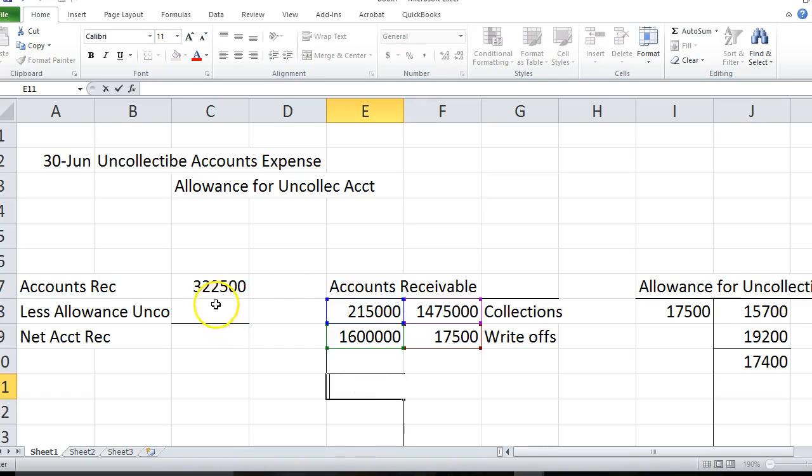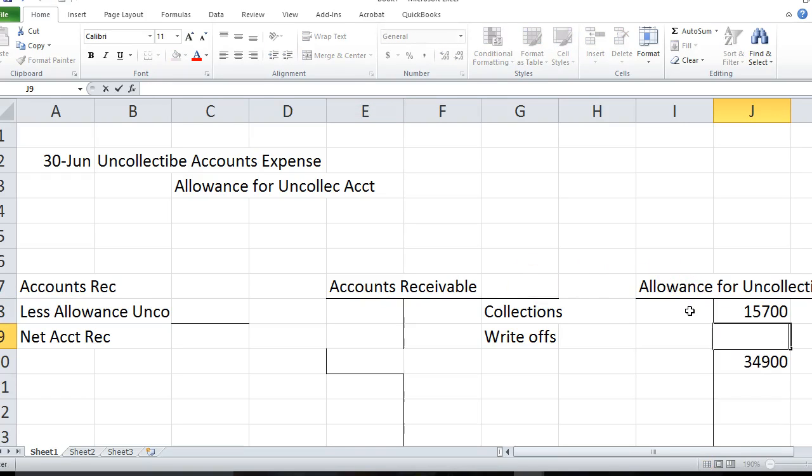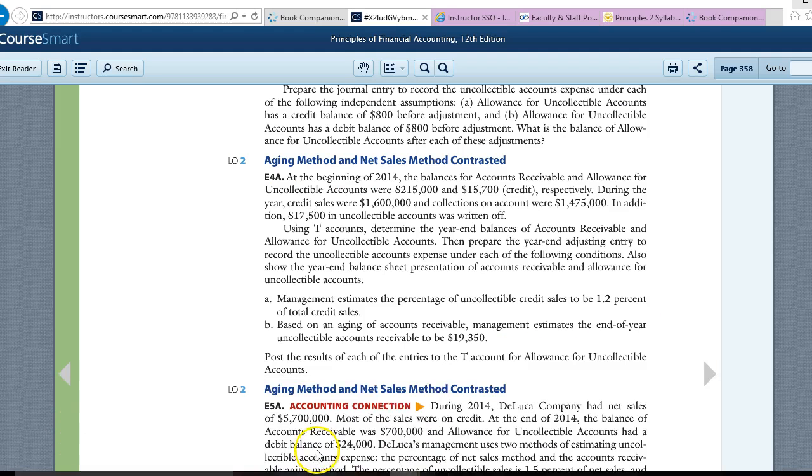The other method goes back and tells us, based on an aging of accounts receivable, management estimates the end of year uncollectible accounts receivable to be $19,350.